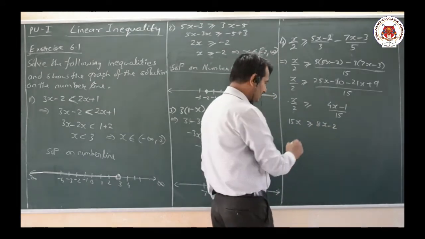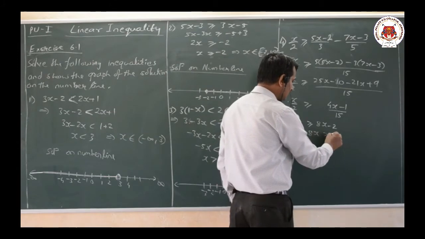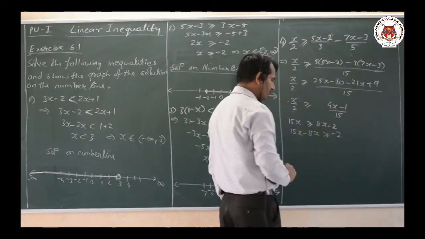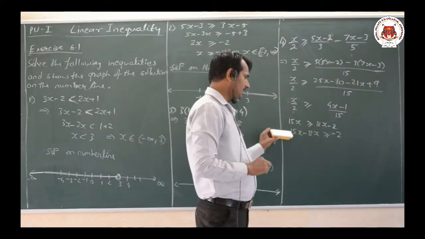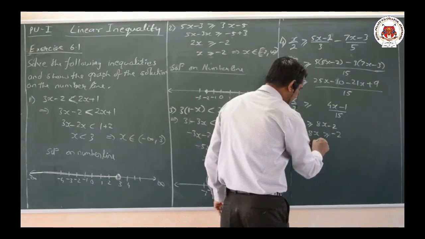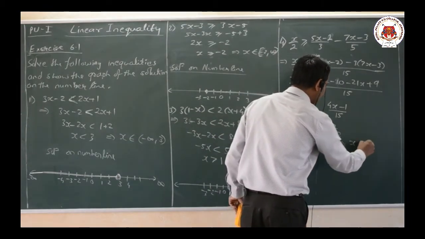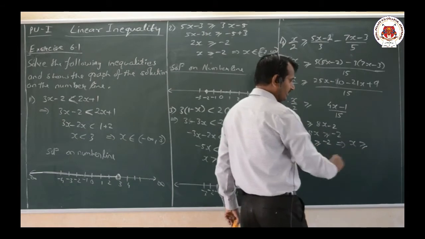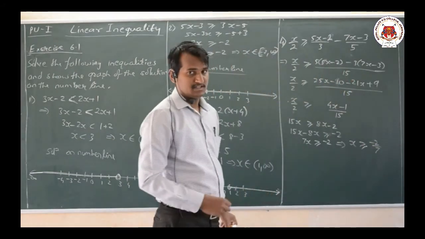Taking 8x to the LHS, 15x minus 8x greater than or equal to minus 2. Now 15x minus 8x is 7x greater than or equal to minus 2. At last, x will be greater than or equal to minus 2 by 7.